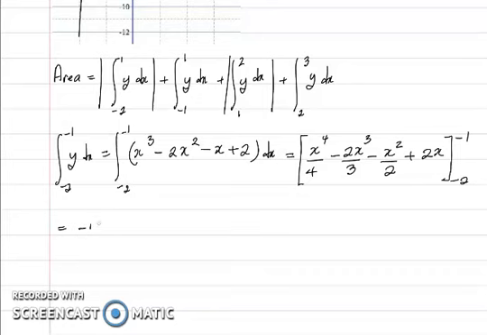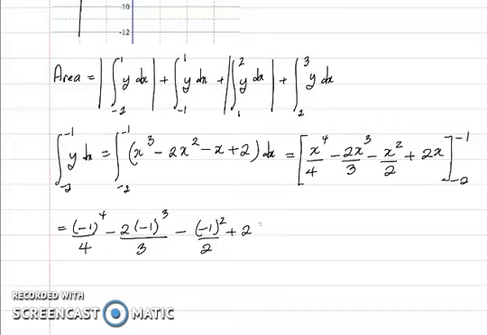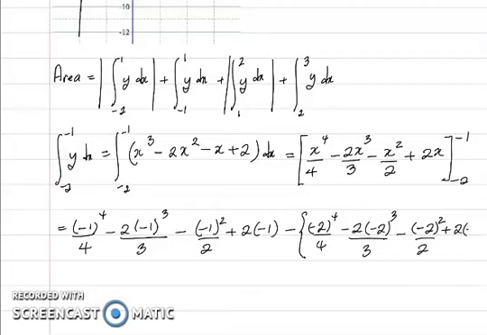So I'm going to have (-1) to the 4th power over 4 minus 2 times (-1) to the 3rd power over 3 minus (-1) squared over 2 plus 2 times -1, minus, and the next thing we're going to do is replace x with -2, so it's (-2) to the 4th power over 4 minus 2 times (-2) cubed over 3 minus (-2) squared over 2 plus 2 times -2.